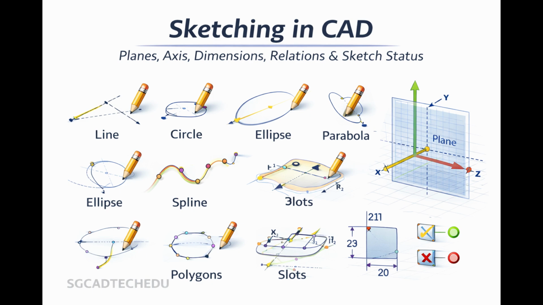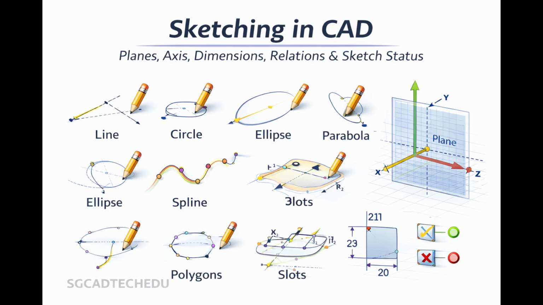How does it work? Each feature, like extrude, fillet, hole cut, has parameters: length, diameter, angle, etc. You can define relations like parallelism, perpendicularity, concentricity, symmetry. If you later edit a dimension or change a parameter, SOLIDWORKS recalculates the model automatically.